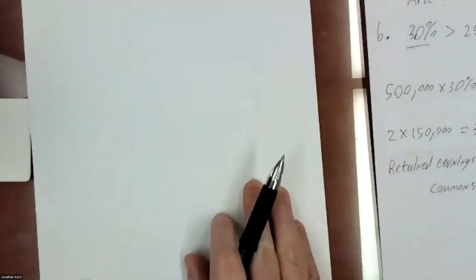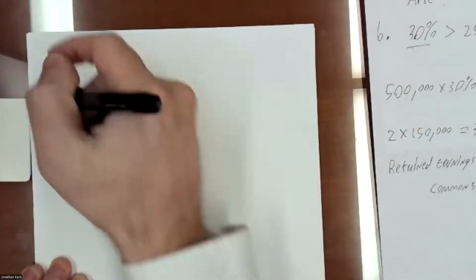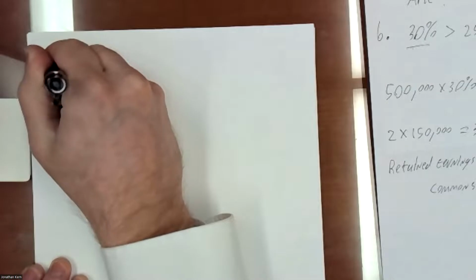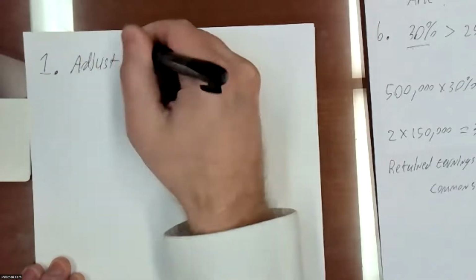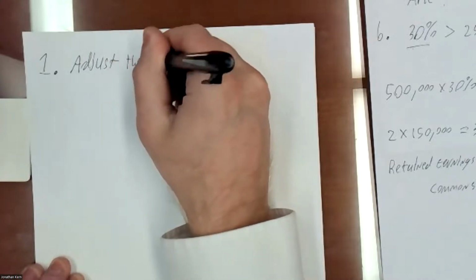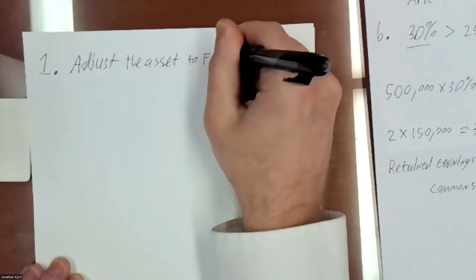So when you have a property dividend, we have to follow the following two steps. Step one is we have to adjust the asset to fair market value.